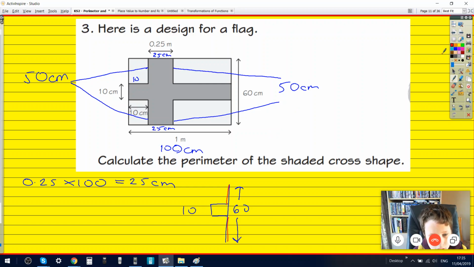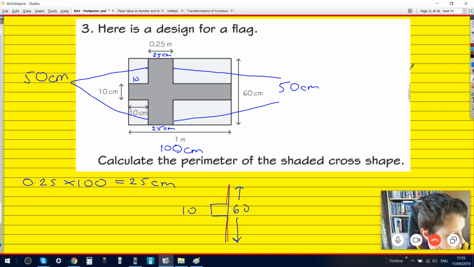So the longer sides must add up to 100 centimeters. So they must be 50. I was going to say 50, but they can't be. What would 25 plus what add up to 100?